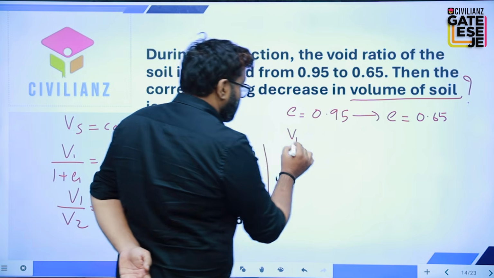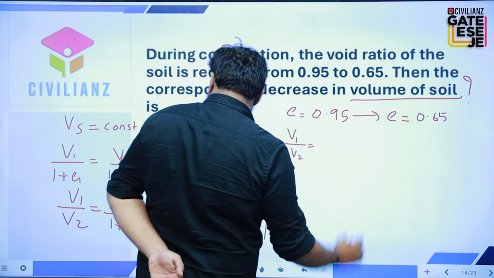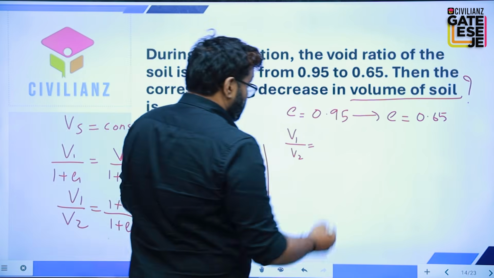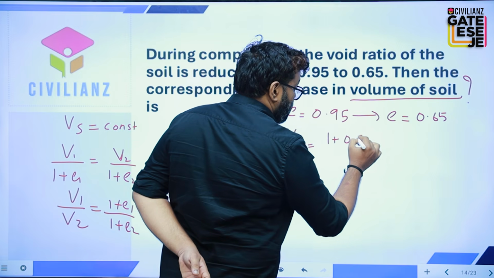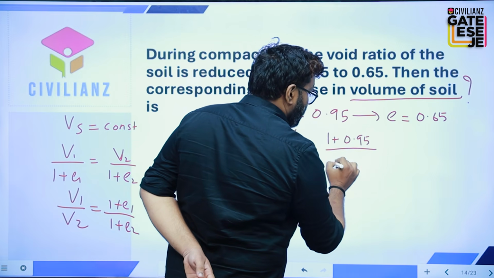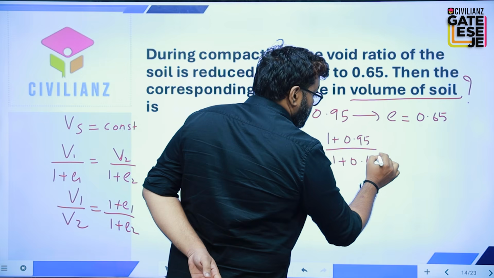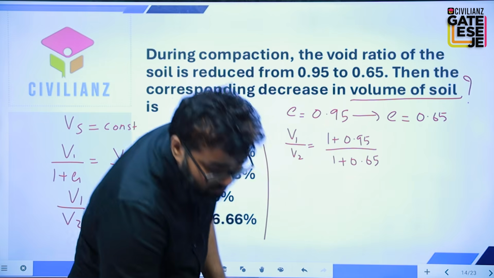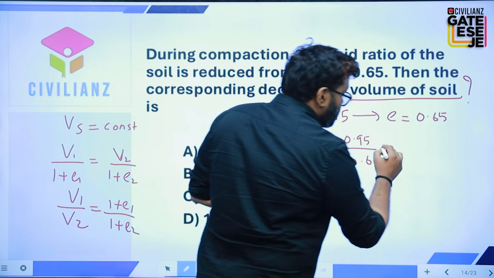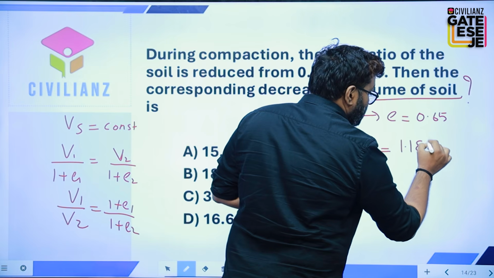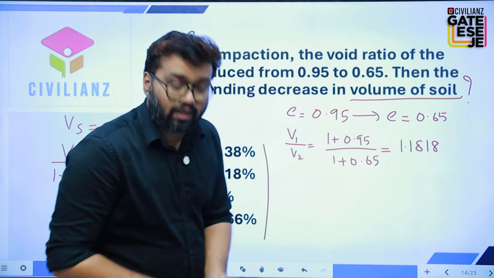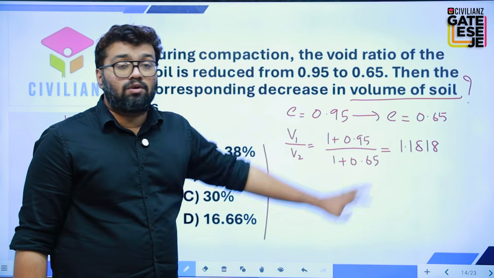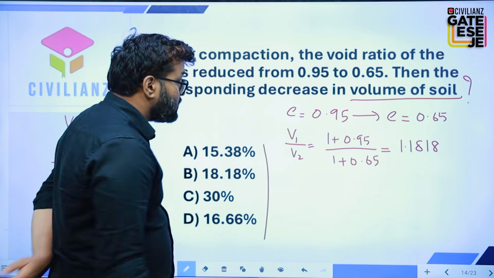So V1 by V2 is equal to 1 plus 0.95 divided by 1 plus 0.65. So we can get the answer as 1.1818.